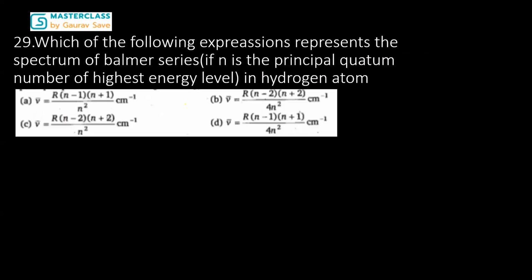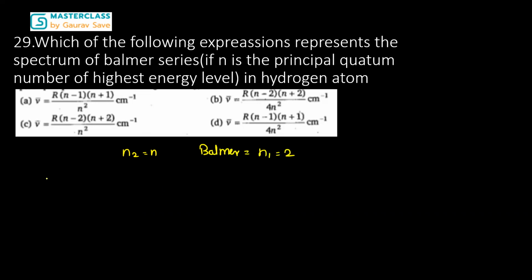Next, question number 29: which of the following expressions represents the spectrum of the Balmer series if n is the principal quantum number of the highest energy level? Okay, so n2 is n, and for the Balmer series n1 is equal to 2.